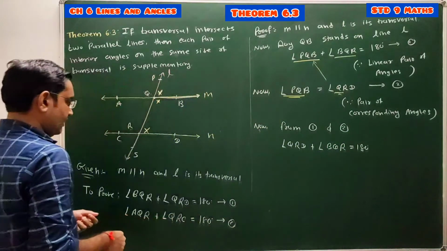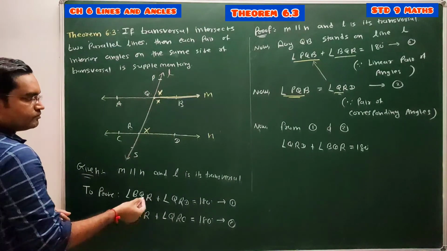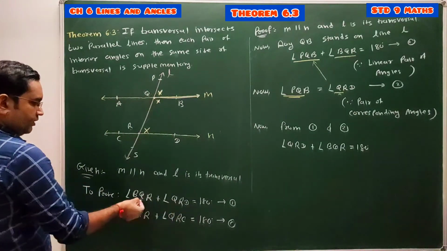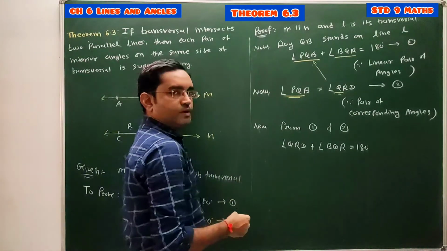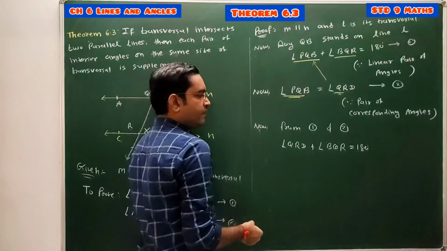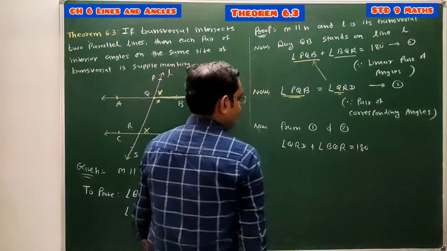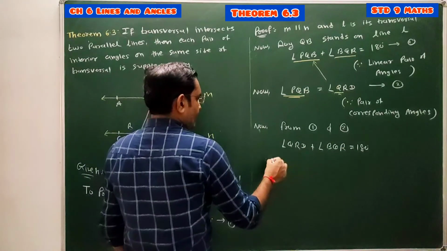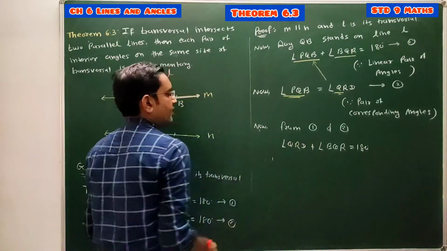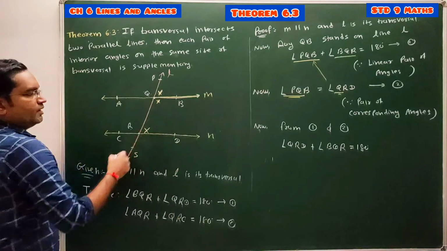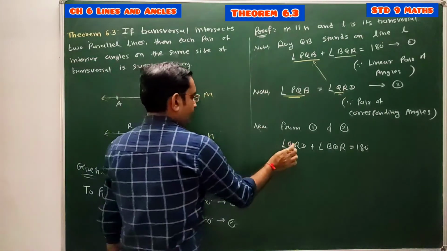So QRD plus BQR equals 180 degrees, and these two angles are nothing but the interior angles on the same side of the transversal, and their sum is 180 degrees, and therefore we can say that these two angles are supplementary angles.